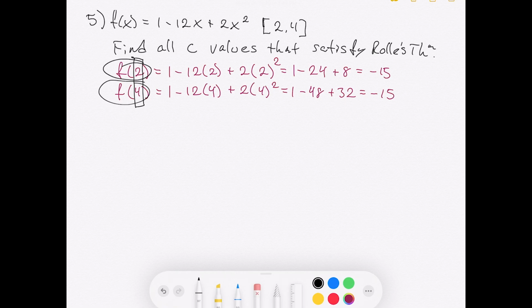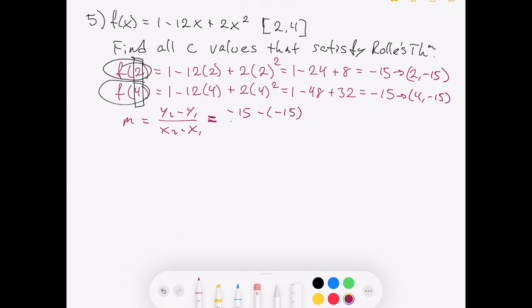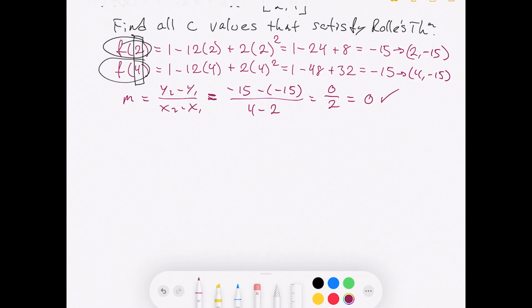So we have (2, -15) as the coordinates of our beginning point, and (4, -15) as the coordinates of our ending point. What that means is that the slope between those two points is 0. Great, so we're happy about the fact that the conditions are in place to satisfy Rolle's theorem.